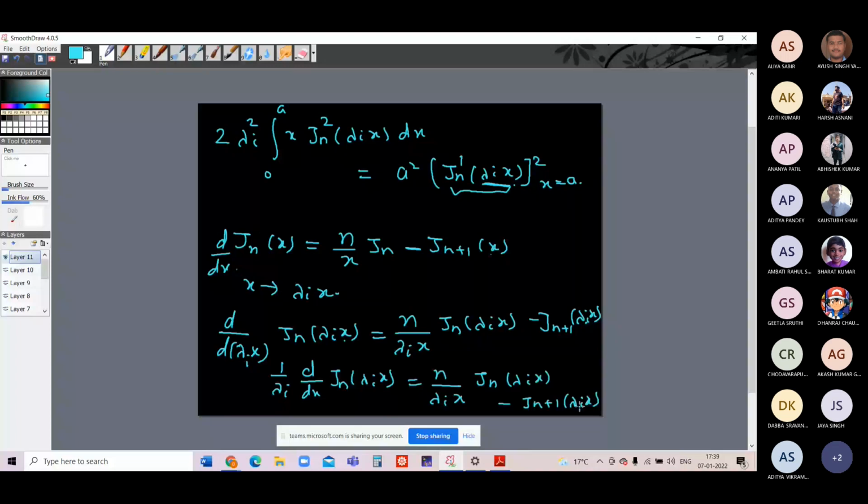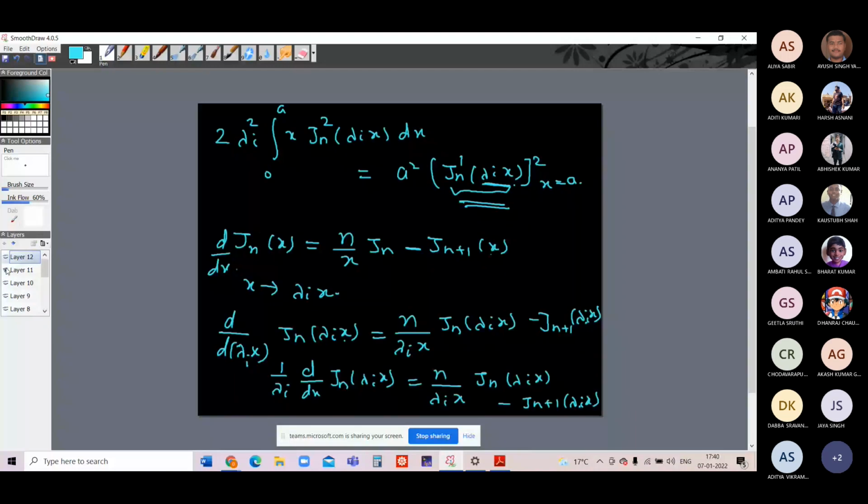So from here we can find the value of Jn dash lambda i x is n by x Jn of lambda i x minus lambda i Jn plus 1 lambda i x.